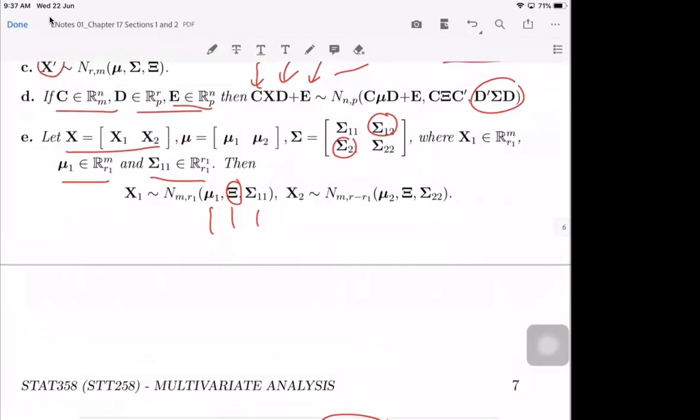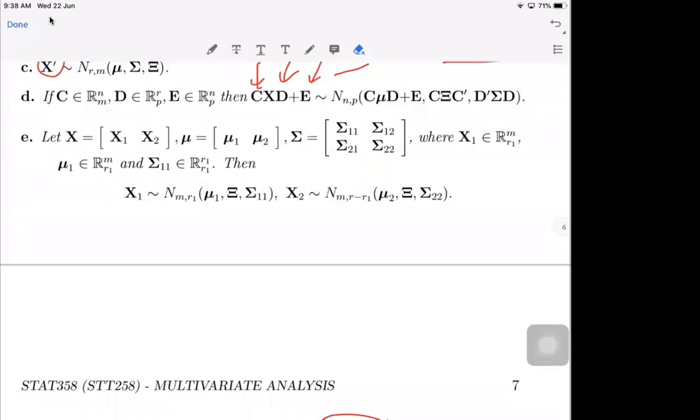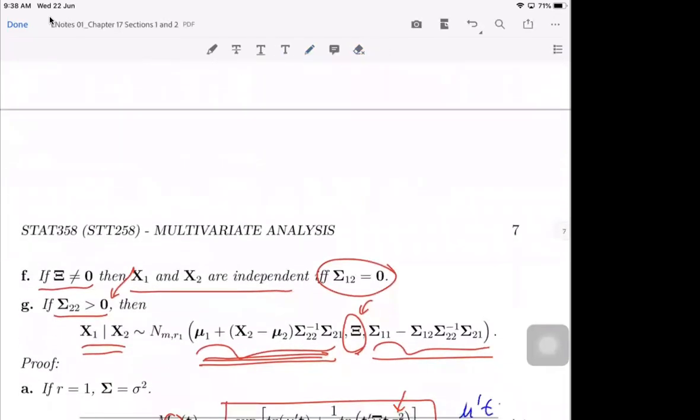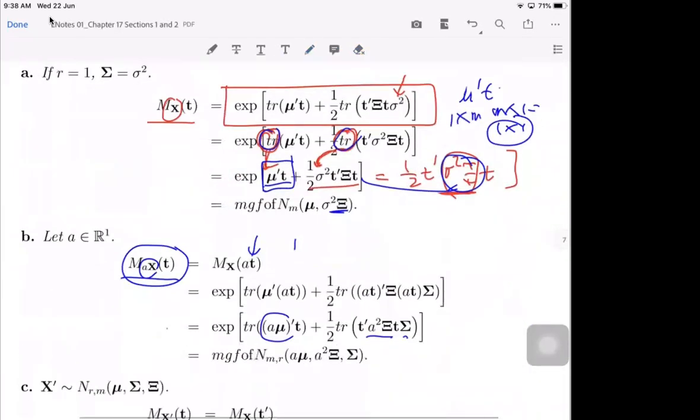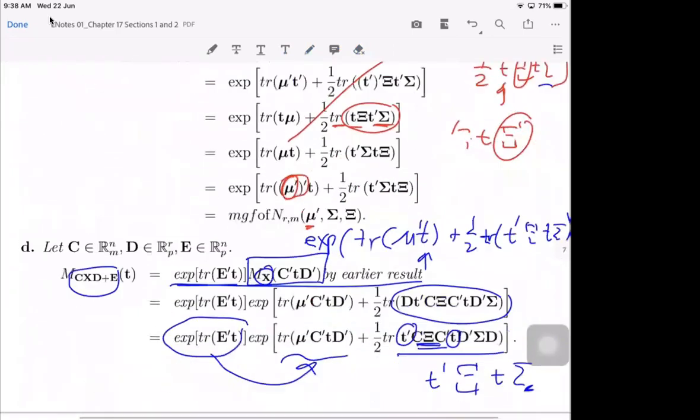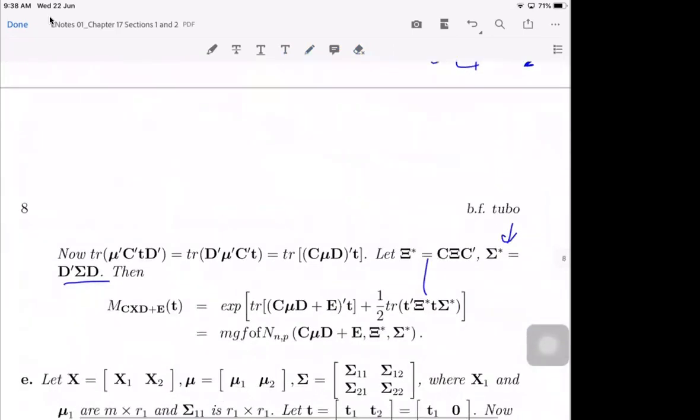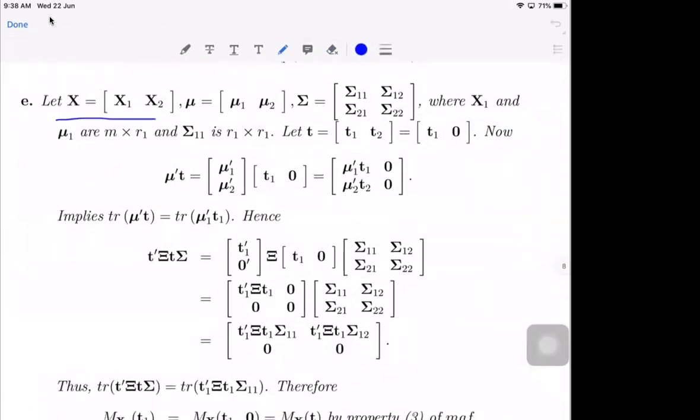We want the marginal distribution of x1 and x2 if we partition it. This is letter E. So we partition x in this manner. That is your different partition.